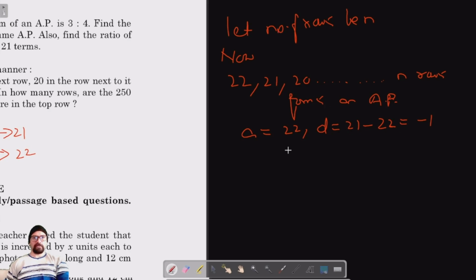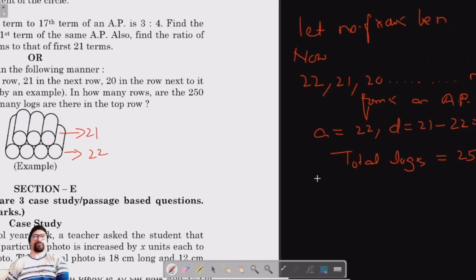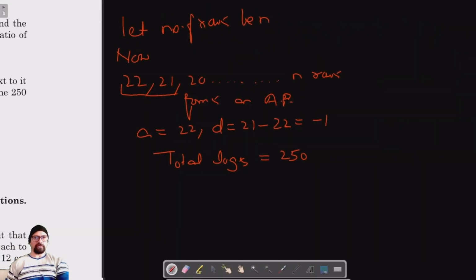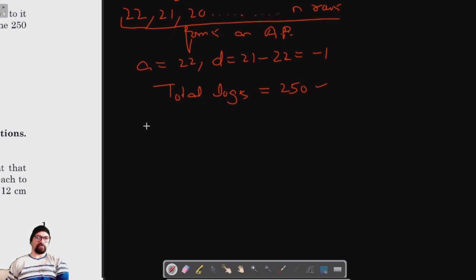It's given that the total logs is 250. That means if we sum up the number of logs in each row, it will give 250. To sum up these rows which are in AP, we use the formula S of n, which is equal to n by 2 into 2a plus n minus 1 into d.